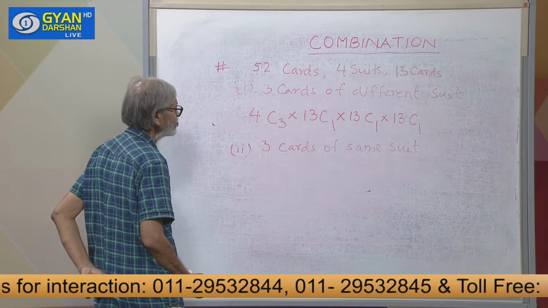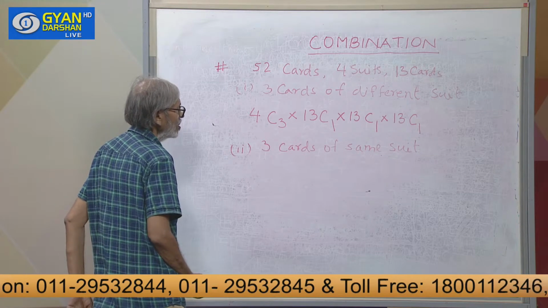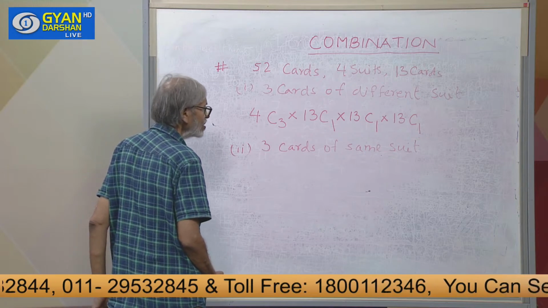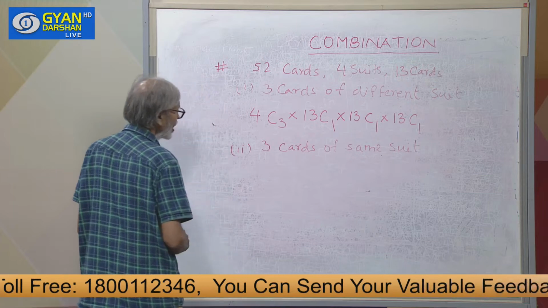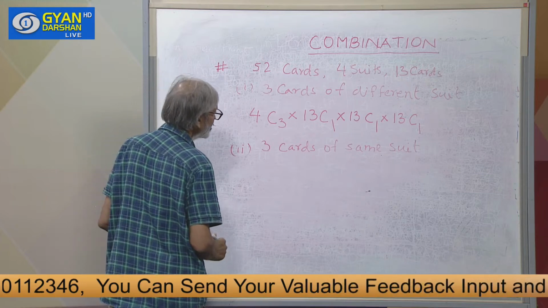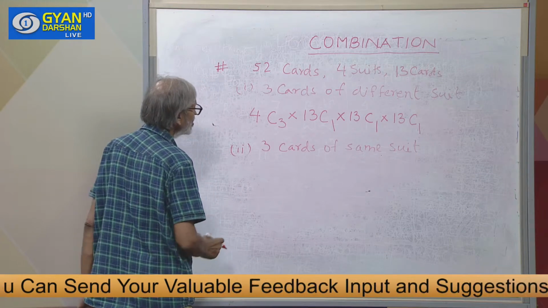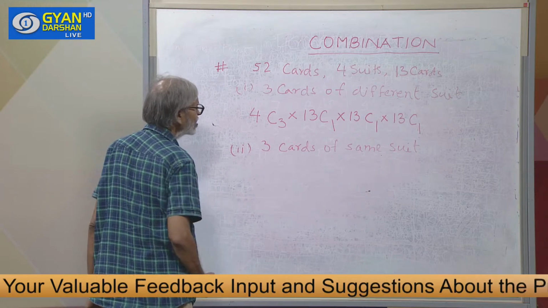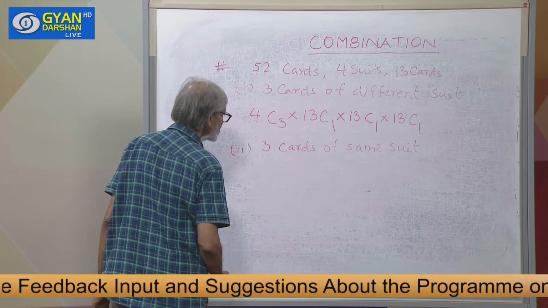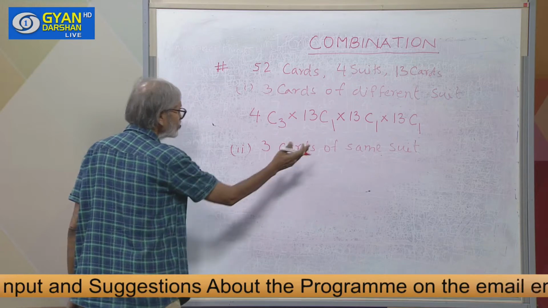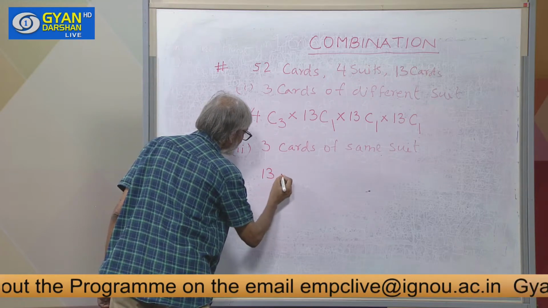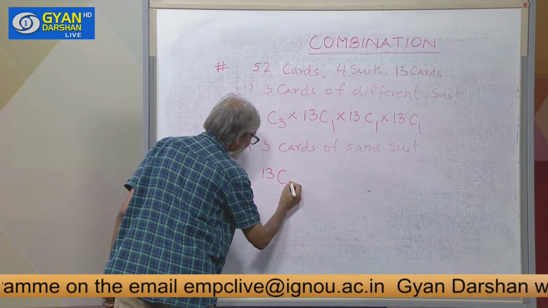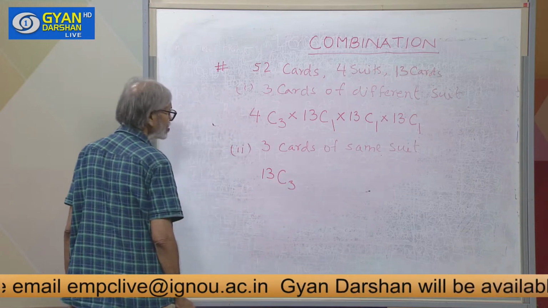Okay. So, you can take any one suit, and from that you can select 3 cards out of their 13 cards of same suit. So, this can be done in 13C3 ways.